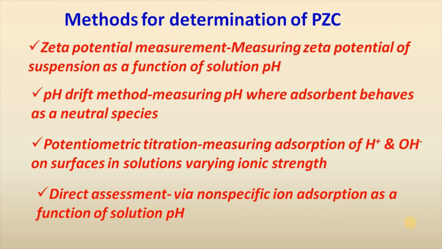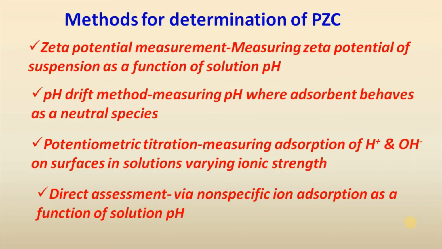The second method is pH drift method, where measuring pH of adsorbent. In this case, adsorbent behaves as a neutral species. The third one is potentiometric or mass titration.